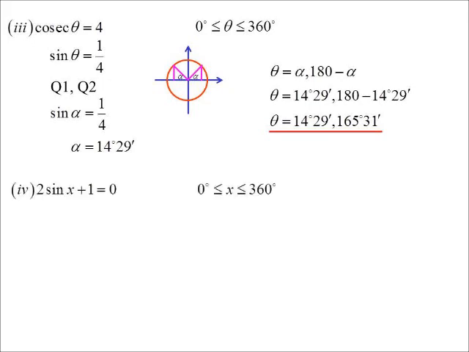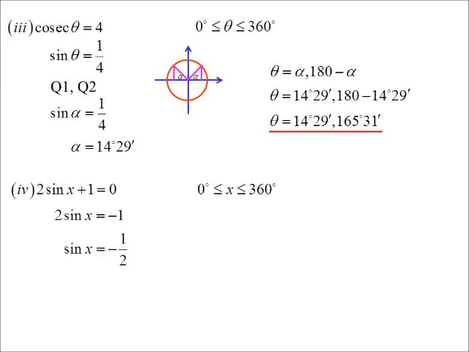Sometimes they try to make it look harder, but it's still the same idea. Remember, it's an equation, so you want to make what you're finding the subject of the equation. When you're dealing with trig, it's not like you can pull the x out of the trig. It's not like factorising or expanding. So we've got to get sine x as the subject of the formula first.